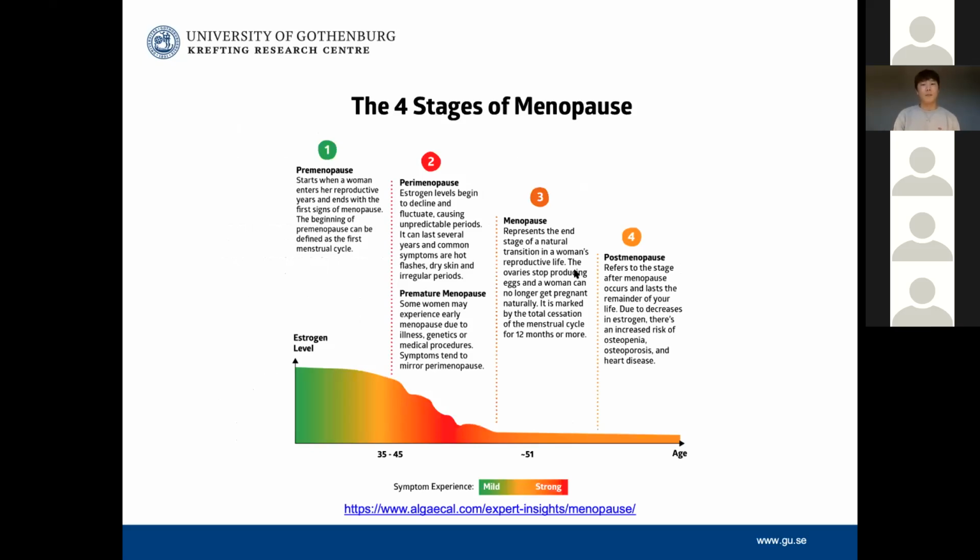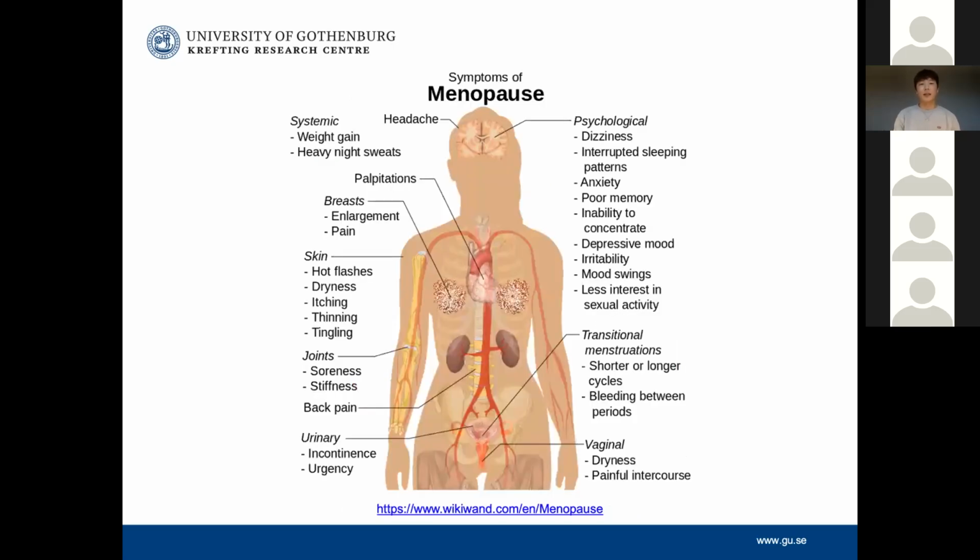Yes, so there are 4 stages of menopause. From premenopause, the estrogen levels start to fluctuate and decrease. After reaching menopause, the estrogen levels finally become stable, but at a very low level. During this menopausal transition, many women may experience different kinds of symptoms.